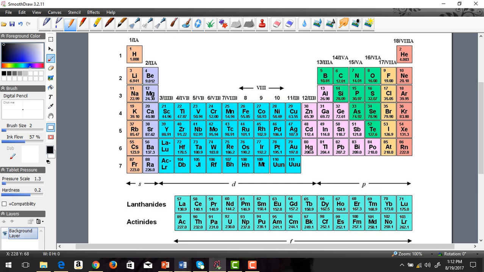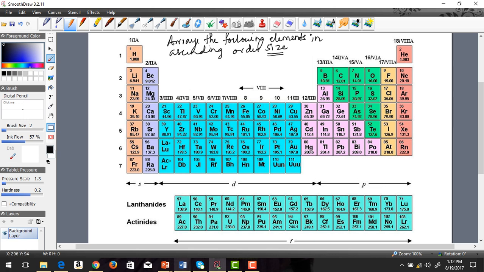Arrange the following elements in ascending order of size. What do I mean? You start with the smallest one and go up in order of size.